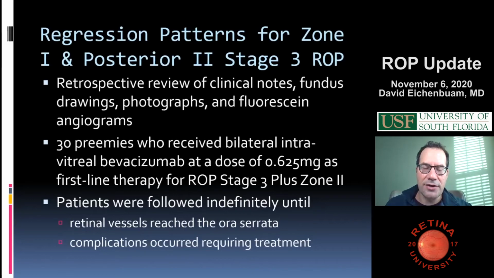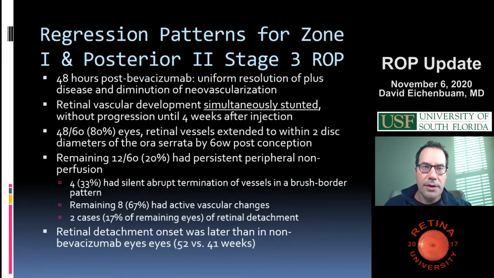It's half of the adult dose. It's 0.025 milliliters or 0.625 milligrams. And looking at that as first-line therapy causes rapid regression patterns in patients with pre-threshold and threshold ROP. Even 48 hours following the injections, you see a profound improvement.